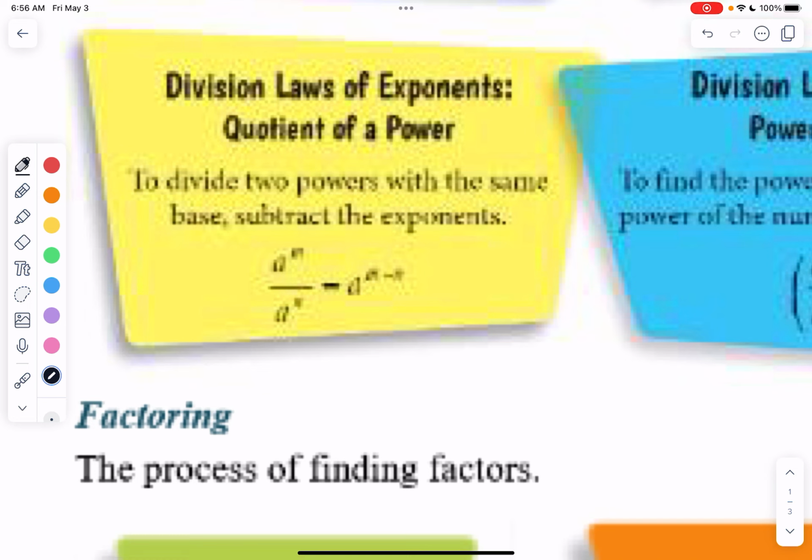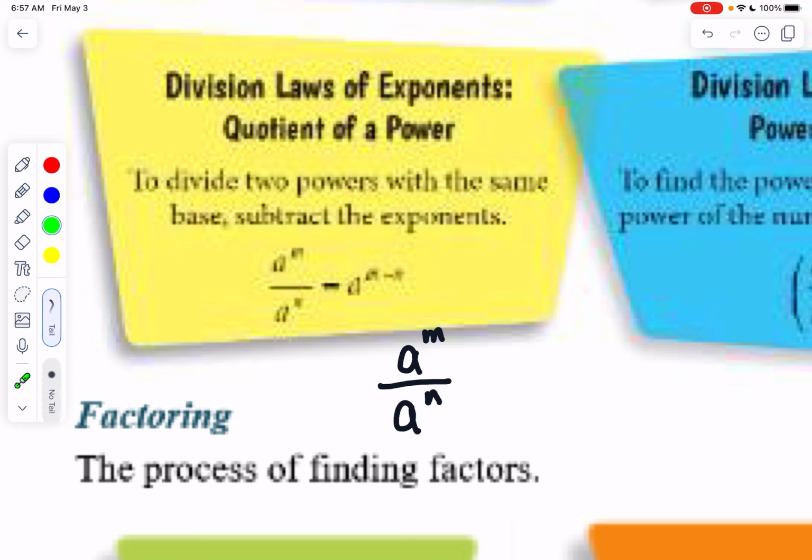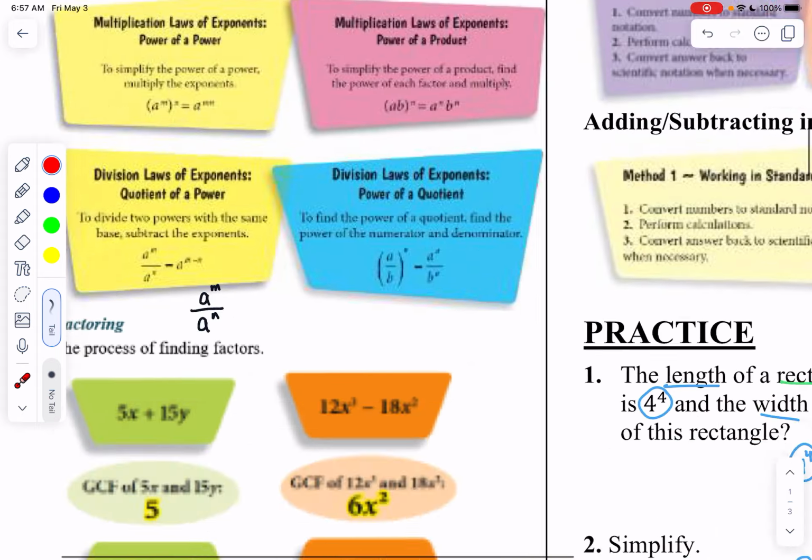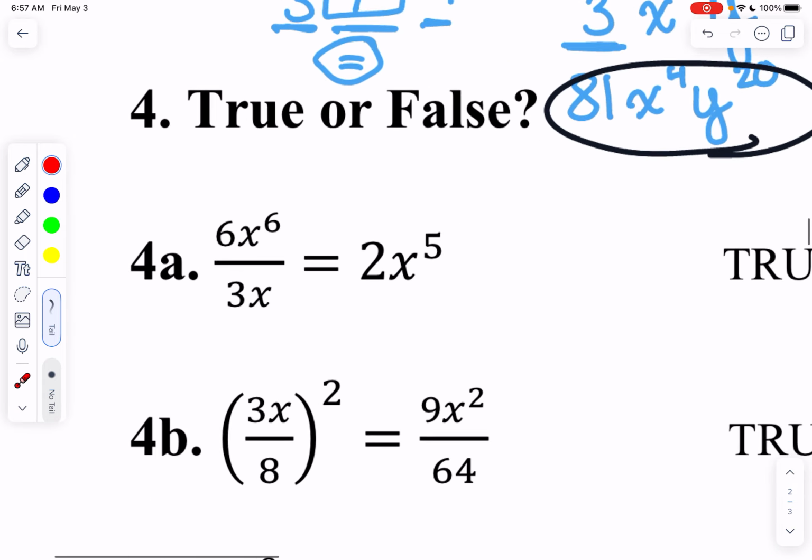Okay, so the quotient rule says that when I am dividing, that's what a fraction means, dividing 2 powers with the same base, so again, these have the same base, a and a, we can subtract the exponents. The way I told us we could remember this in class is by thinking of that fraction bar as a big minus sign. So let's see it happen down here.